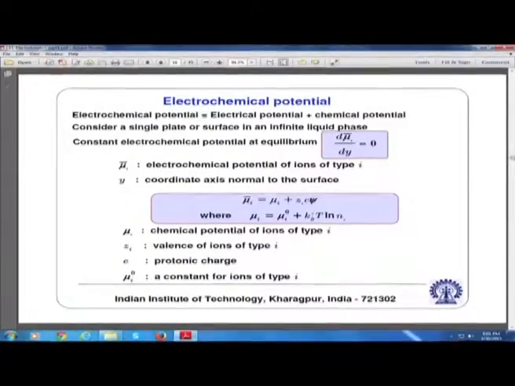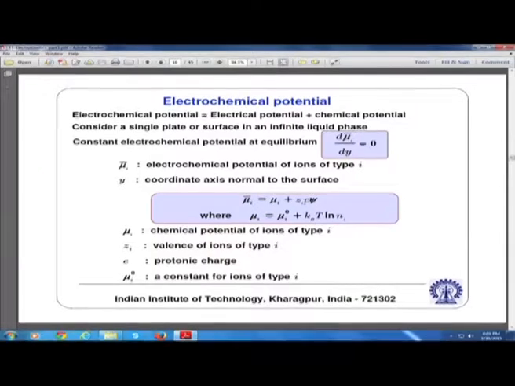So the expression mu I bar is just a way of writing electrochemical potential. It is the chemical potential plus electrical potential. How do you write the electrical potential? See, Zi is the valency of the ith species and E is the charge of a proton. So the total charge of the ith species is Zi into E.